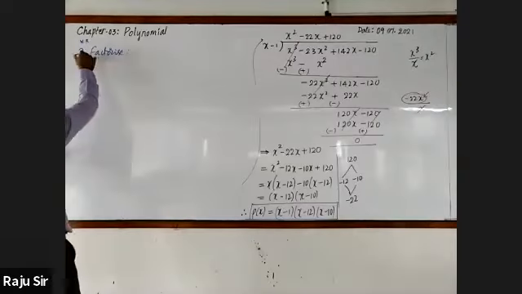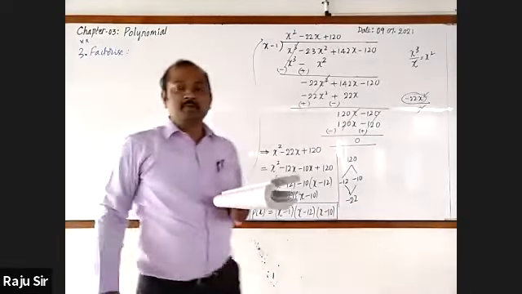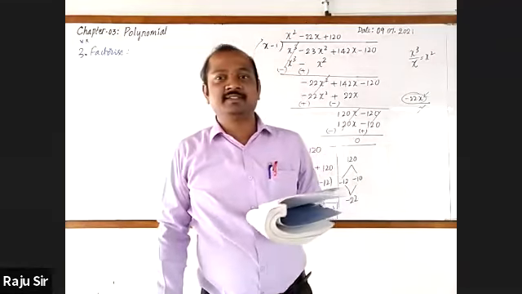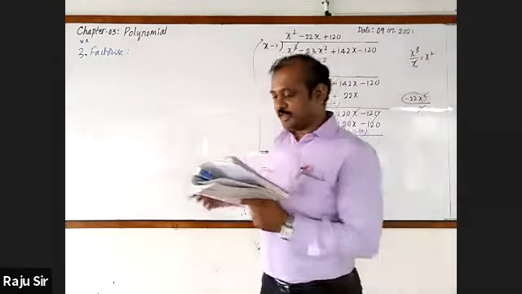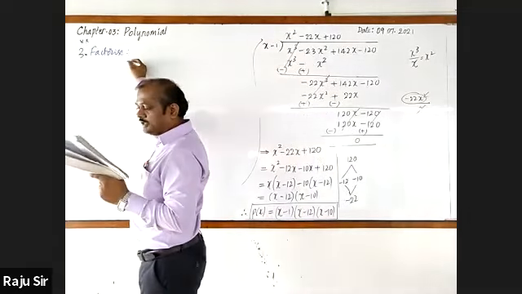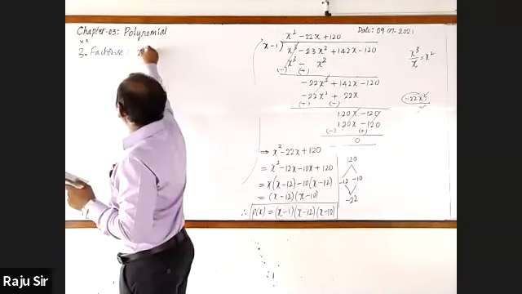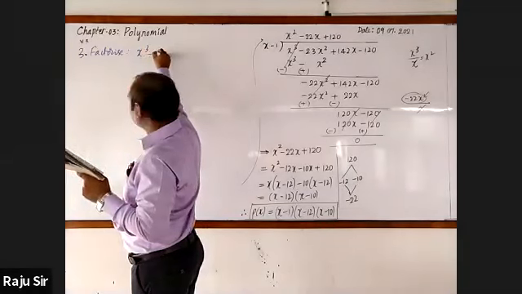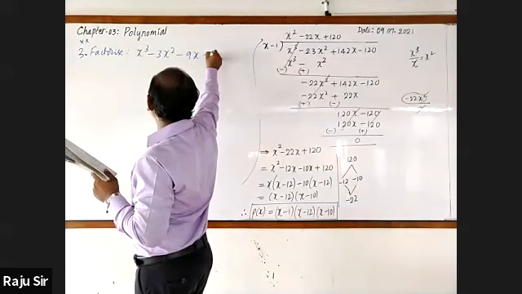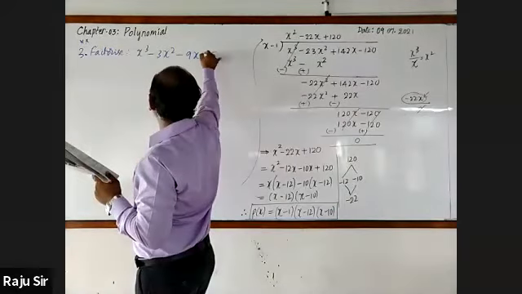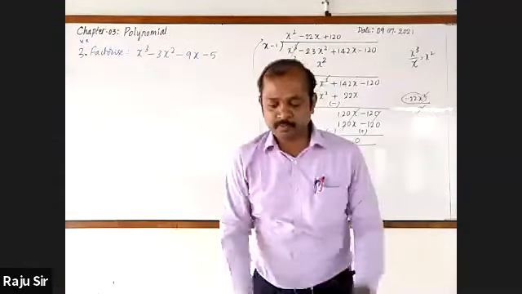Sir, don't rub the last step. Okay, what problem are you facing? Okay, right. Factorize x cube minus 3x square minus 9x minus 5. Please go on with the first problem.